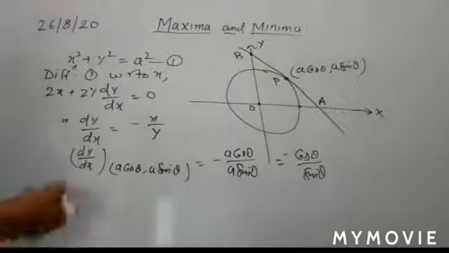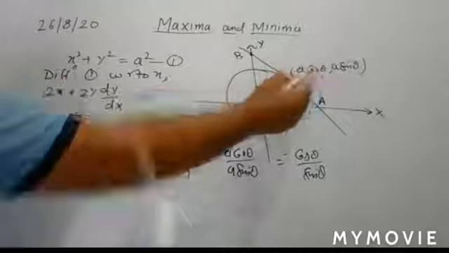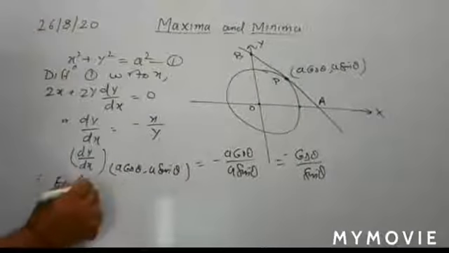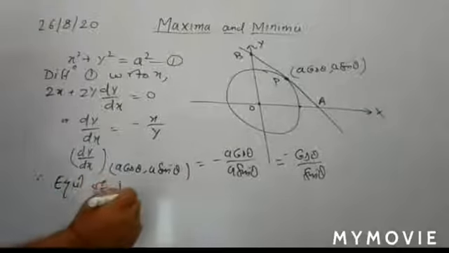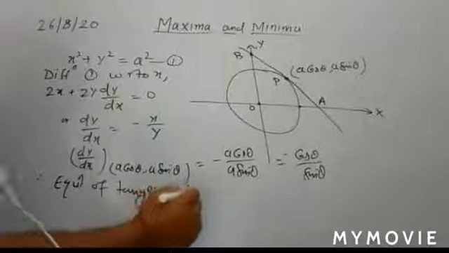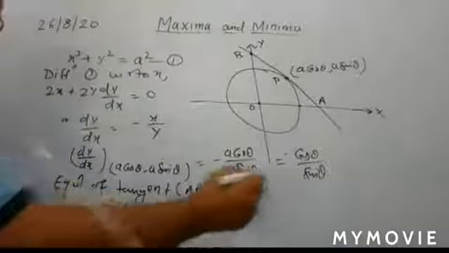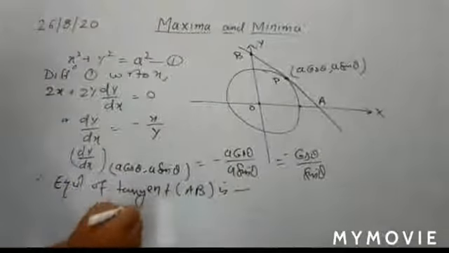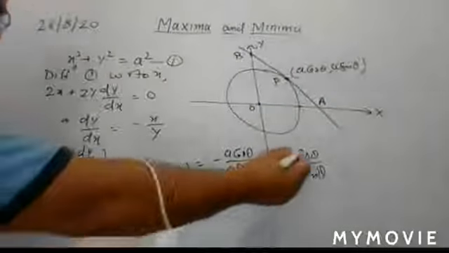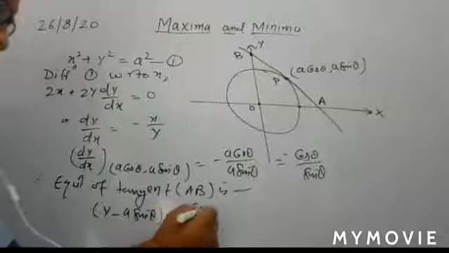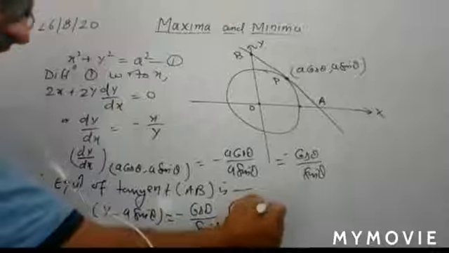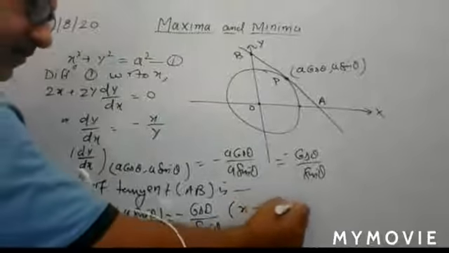So you can very easily find the equation of the tangent at this point of contact. The equation of tangent AB is y minus y1, so y minus a sin theta, is equal to dy by dx at the point of contact, minus cos theta upon sin theta, into x minus x1, which is a cos theta.